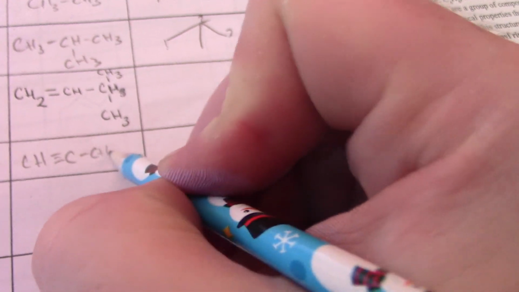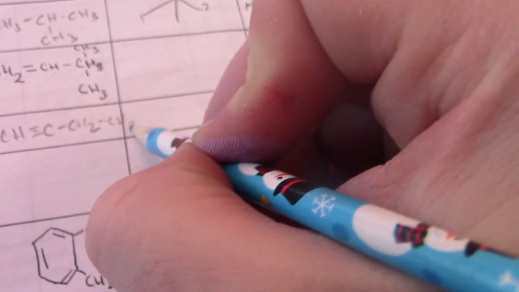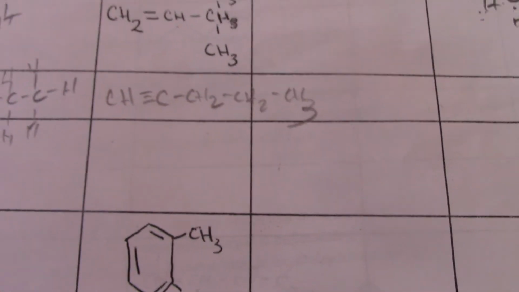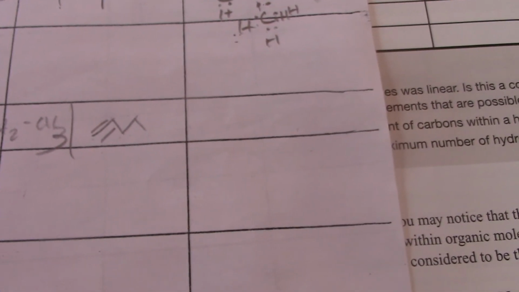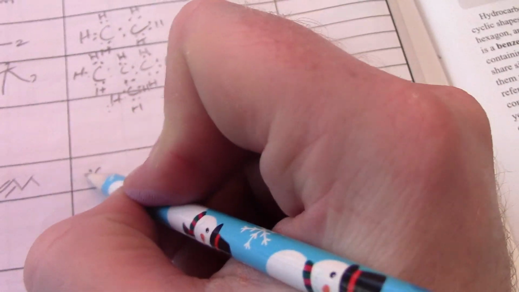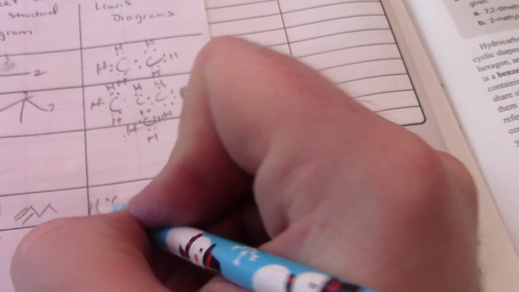Condensed structural diagram looks like this. So we have CH, triple bond, C, CH2, CH2, CH3. Okay, and the line structural diagram is this. Lewis dot diagram looks like this. It's a little bit different. So we have that 1 hydrogen there associated.